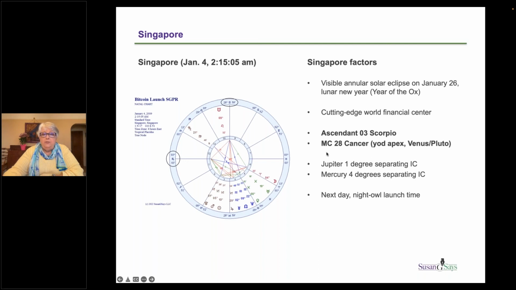The MC at 28 Cancer is at the Yod apex between Venus and Pluto. Jupiter is close to the IC and Mercury, both separating a little bit. Now this would have been the next day, kind of a night owl time for launch. But once again, I'm sure you all have IT geeks who love to work in the middle of the night. That doesn't seem odd to me.